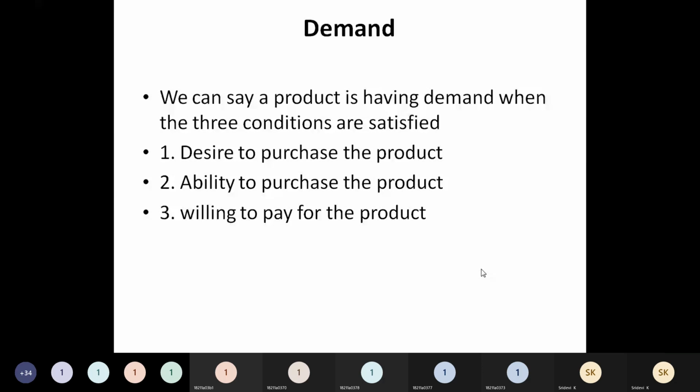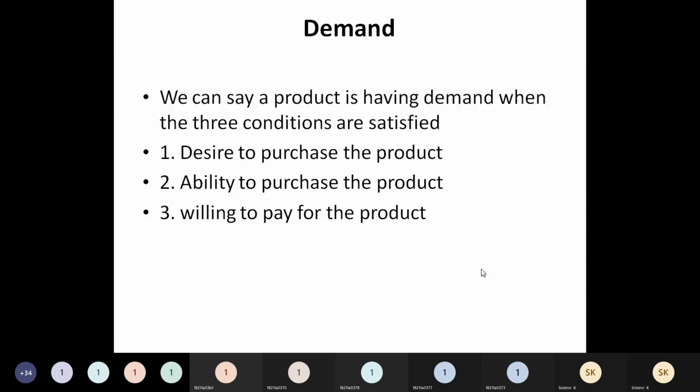So if all the customers think in the same manner, we cannot say that that particular product is having demand. Every customer should have these three things in his mind. He should have a desire to purchase that product.